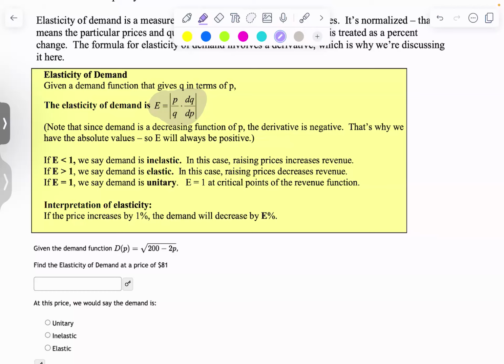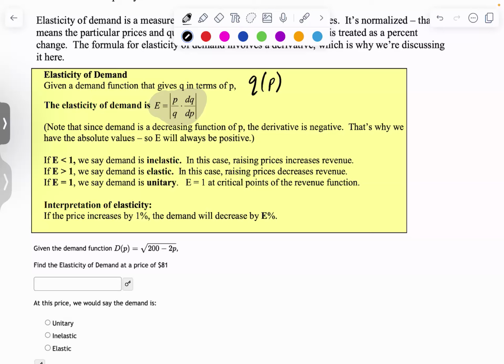So this means that Q of P is our function, meaning P is our independent variable, and Q is our dependent variable.